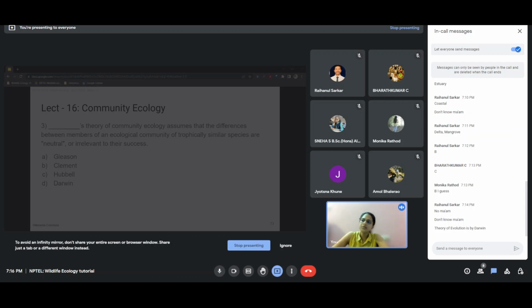But what Gleason said was exactly the opposite of what Clements said. He said that the abundance of species fluctuates independently of one another through the successional period and not through mutually beneficial association. Right? So everything is disjunct from each other. His idea revolved around being individualistic, where a group of species having similar physical and chemical niche requirements were together, right?